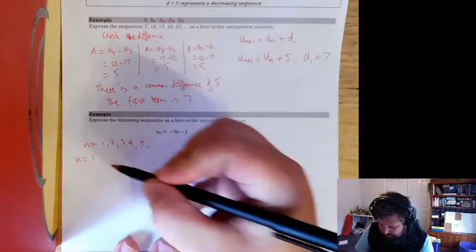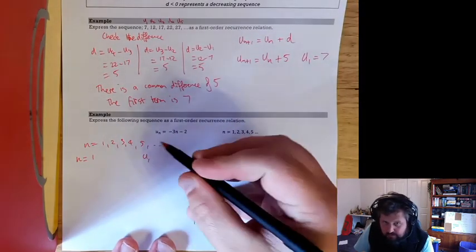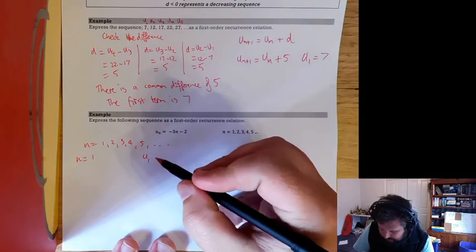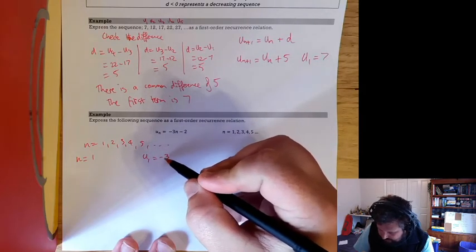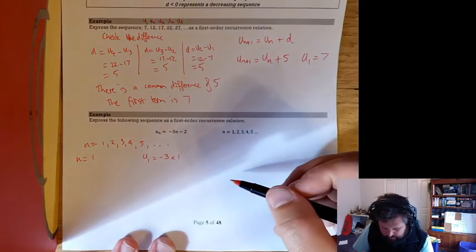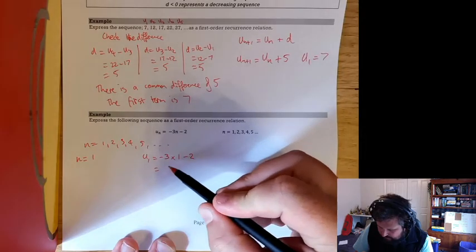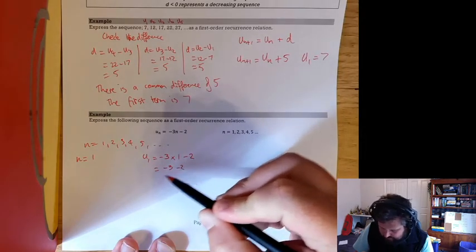So when n equals 1, obviously u1 from this here is going to be equal to -3 times n, so times 1, because n is 1, take away 2. Simplifying this down, that is -3, take away 2, that is -5.